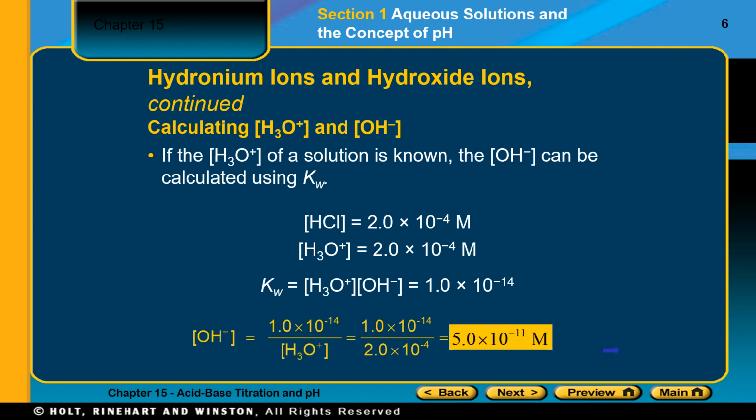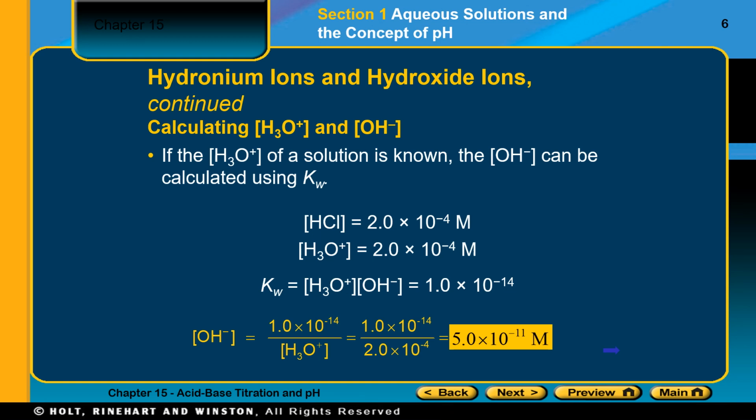and this time solving for the hydroxide ion concentration. So to do that, I would need to divide both sides by the hydronium ion concentration, the H3O plus concentration. And I'm going to have the OH negative concentration is equal to the Kw, which is 1.0 times 10 to the minus 14, divided by the hydronium ion concentration.